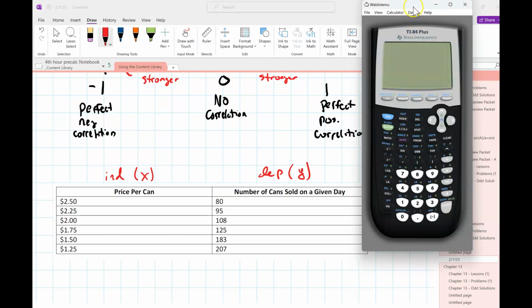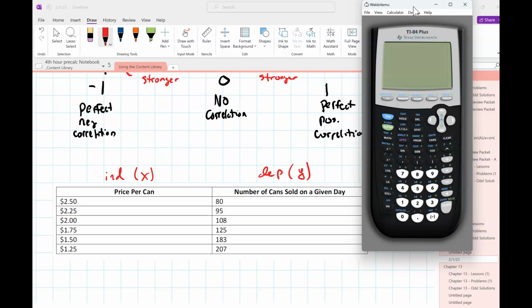Okay, so let's show you guys how to do this on our calculator. I'm going to show you two ways that you can approach this. The first way, we're going to build the scatter plot and look at the picture and make an evaluation that way. And then the second way, we're going to actually calculate the value for r, the correlation coefficient, and make an evaluation that way as well.